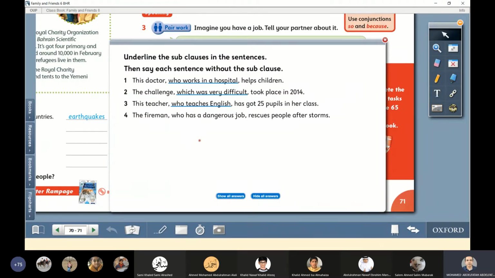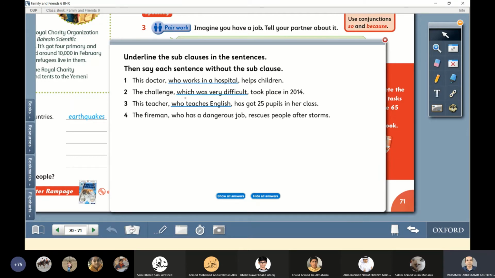Okay? For number 1, this doctor helps children. We added more information when we said who works in a hospital. This doctor who works in a hospital. And the same in number 2. That challenge took place in 2014. And we added more information when we used the relative pronoun which, or the subordinate clause, which was very difficult.